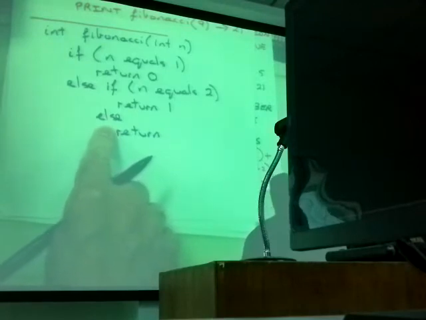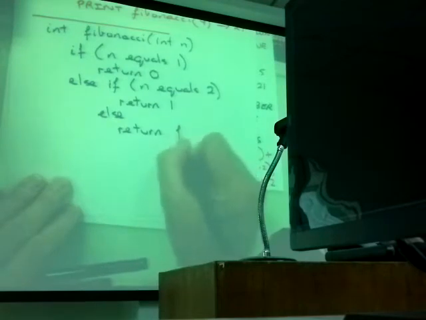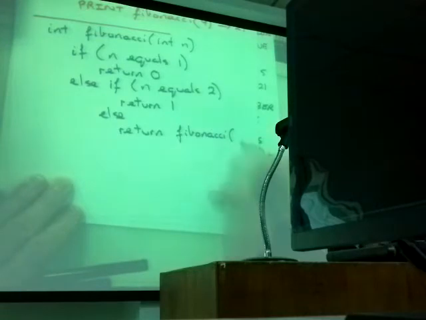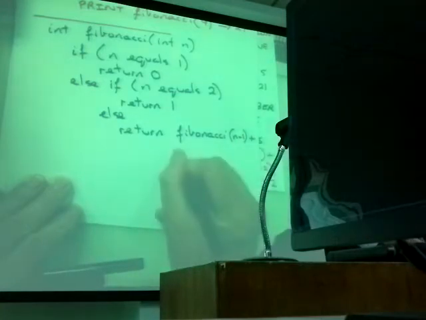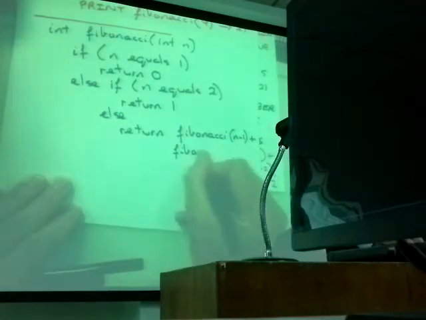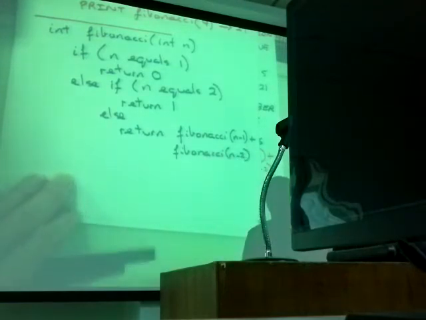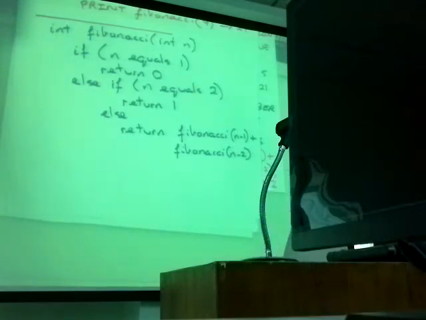Maybe 3, maybe 4, 5, but bigger than 2. So we return Fibonacci n minus 1 plus Fibonacci n minus 2. That's right. And that's it. That's the whole function.